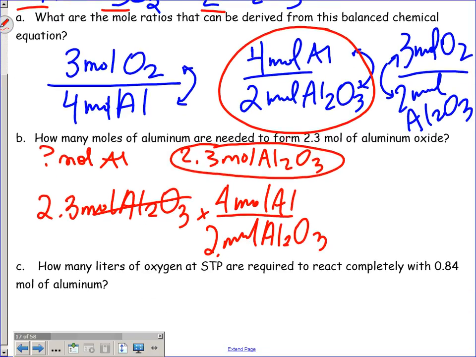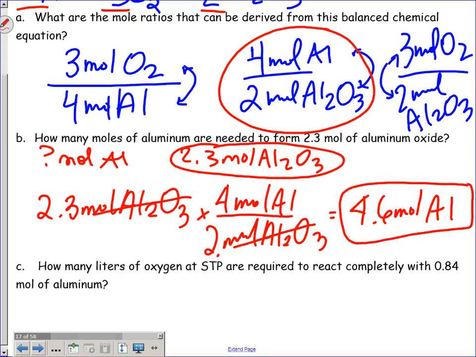Then 2.3 times 4 over 2, so that's basically times 2, so that should be 4.6 moles of aluminum, because the only unit I have left is moles of aluminum. Give me a thumbs up if that one made sense. We just simply used a mole ratio from beginning to end because they were asking both for moles.